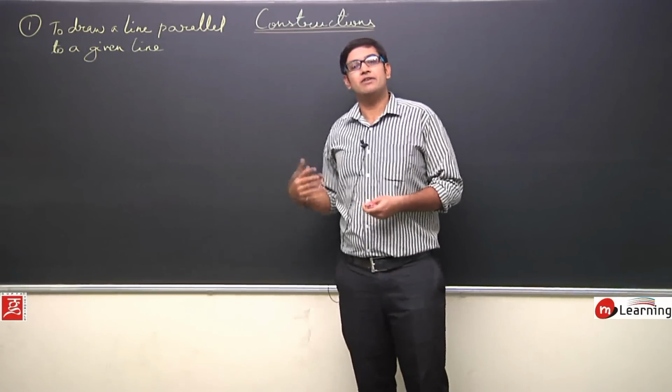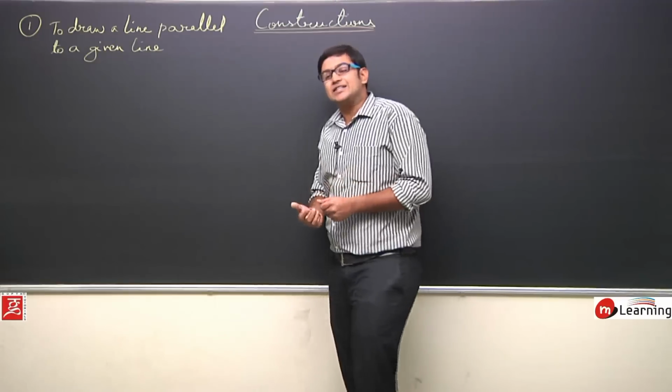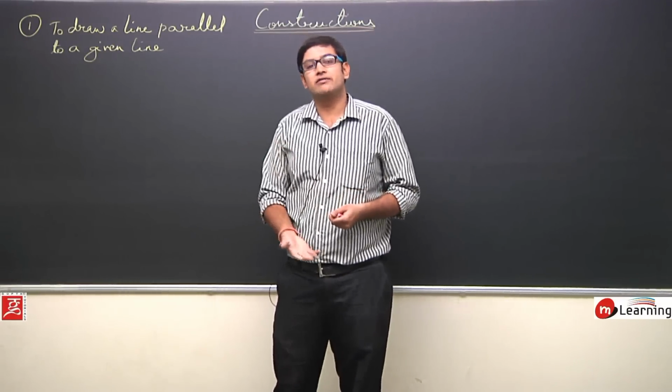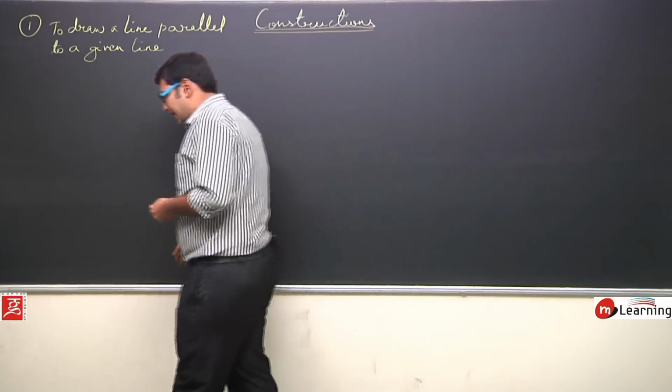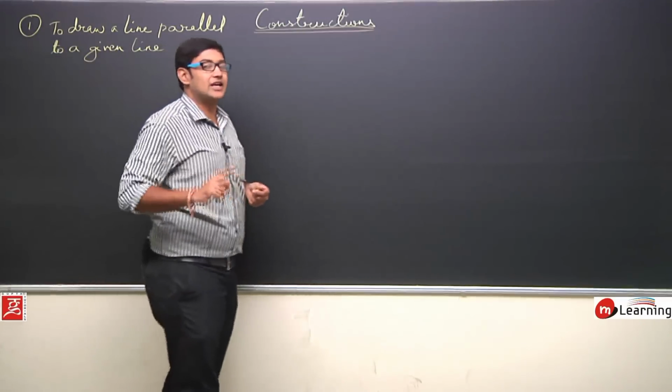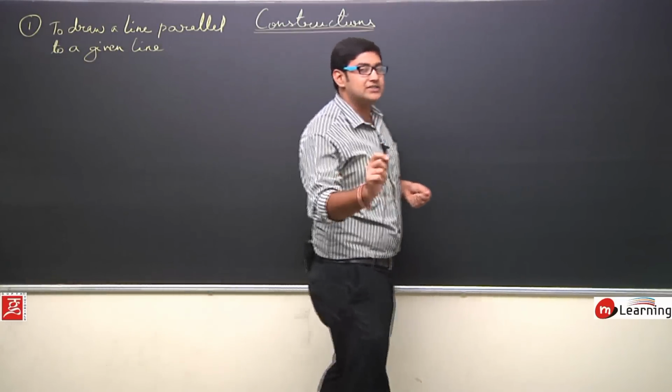Means there is some line given to me and my task is to construct a line which is parallel to the given line. And the most important thing, we will also see the reasons why we are constructing in a particular manner.